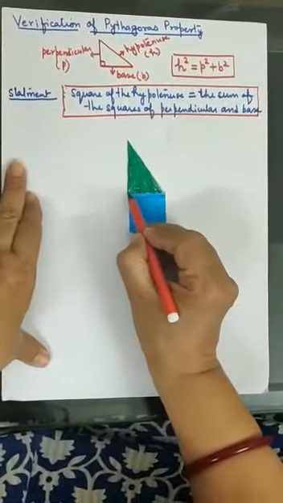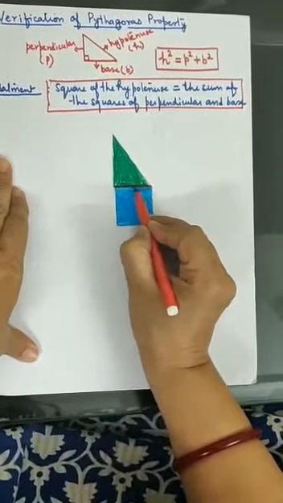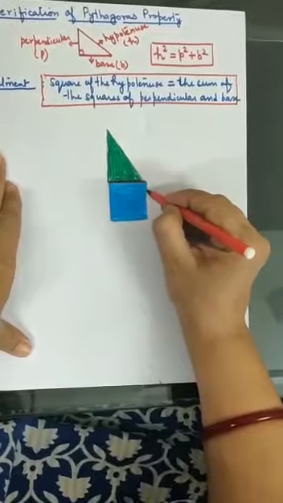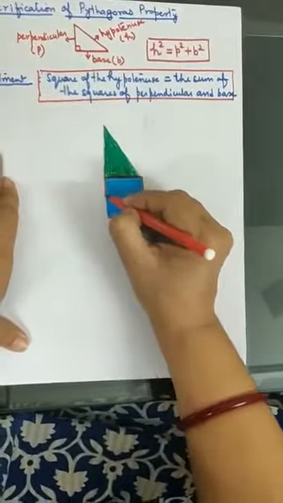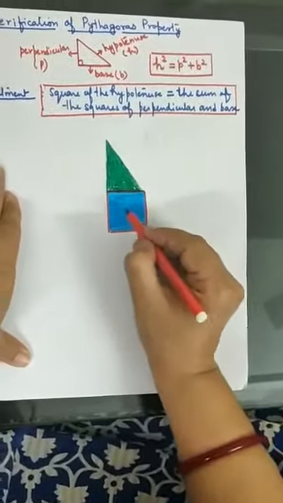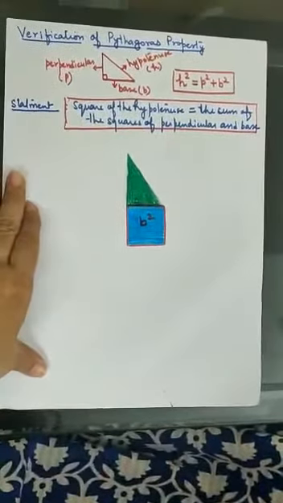Now in right angle triangle this was the base, that is B. So if this side is B, so this side is also B, this side is also B, and this side is also B because it is a square.